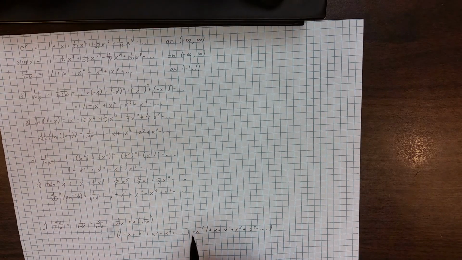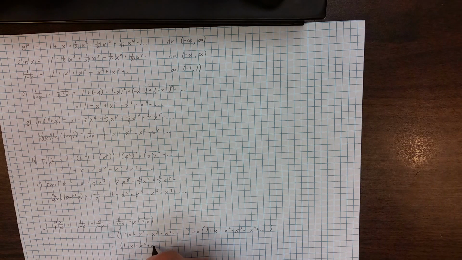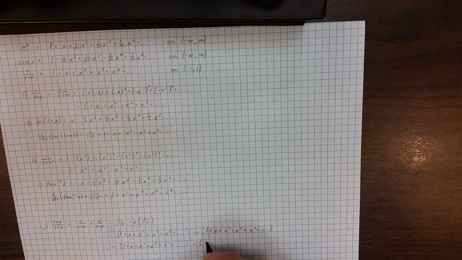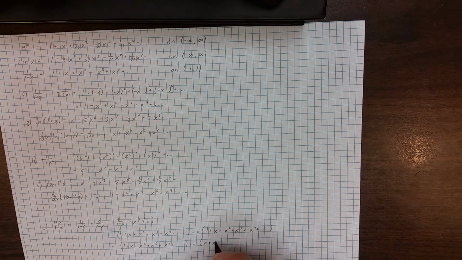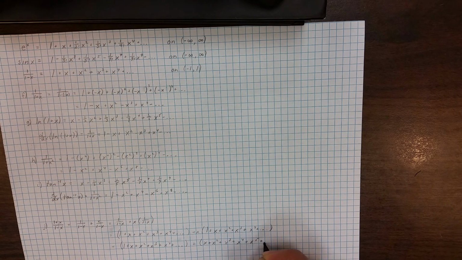And we're going to go ahead and multiply that x in. So we have 1 plus x plus x squared plus x cubed plus x to the fourth and so on, plus x times 1 is x, x times x is x squared, x times x squared is x cubed, plus x to the fourth, plus x to the fifth, plus and so on.